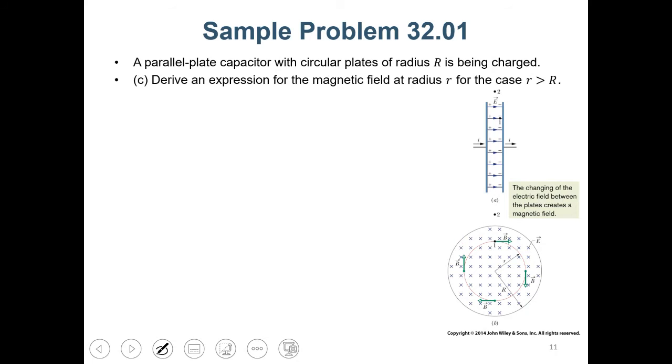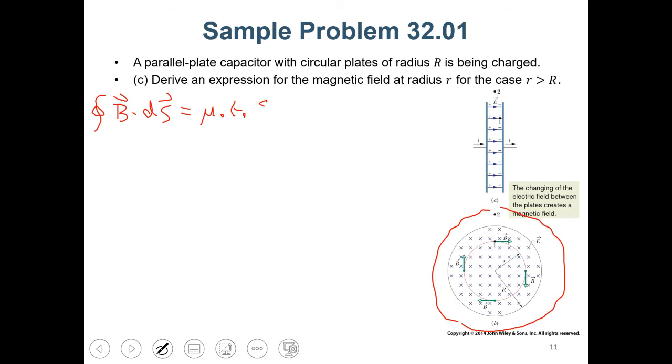So for part C, derive an expression for the magnetic field at radius r for the case r is larger than capital R. So we consider the Ampere's loop outside. Similarly, we use Maxwell's law, mu naught epsilon naught d phi E dt.